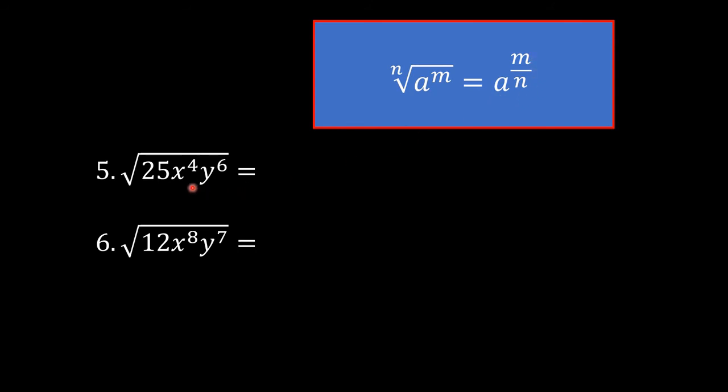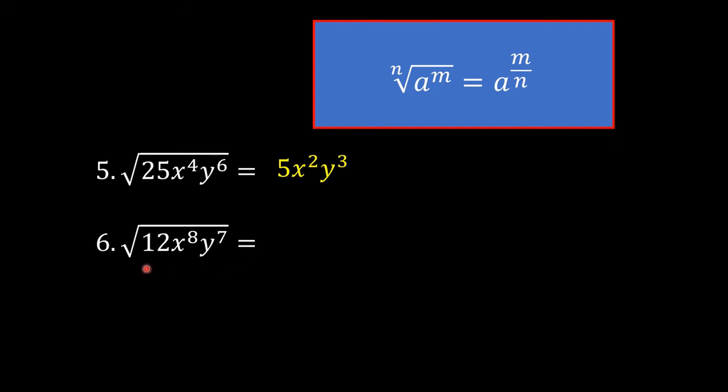So, we are going to divide the exponent of x, which is 4, by the index, which is understood to be 2. So, 4 divided by 2 is 2. And then, divide the exponent of y, which is 6, also by 2. 6 divided by 2 is 3. So, our answer is 5x squared y cubed.